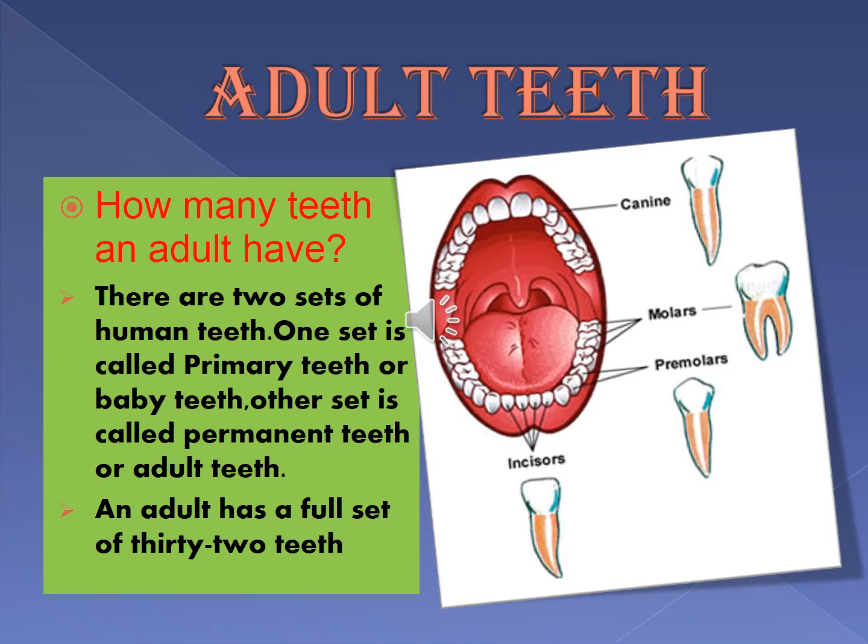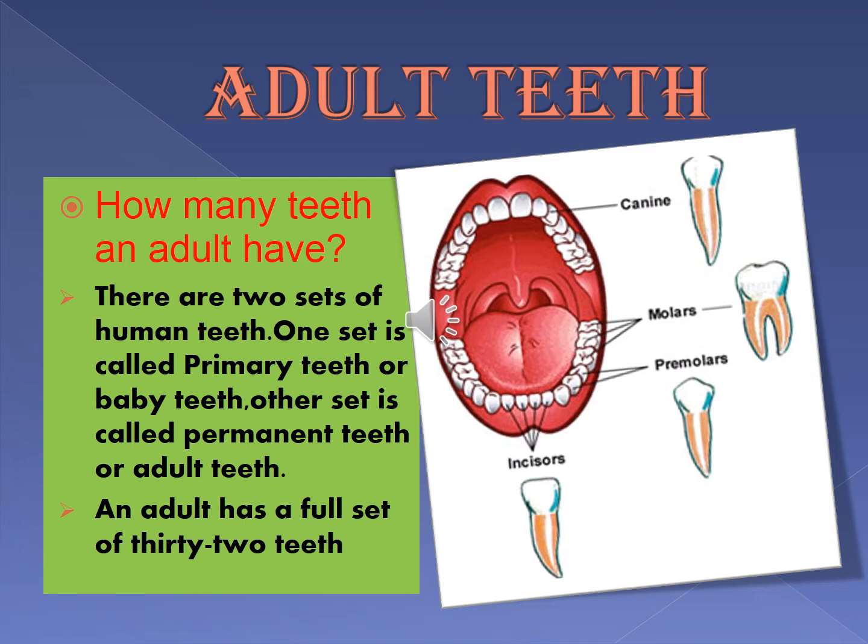As humans, we have two sets of teeth during our lifetime. One of them is called baby teeth or primary teeth, and they start erupting when we are 6 months old.